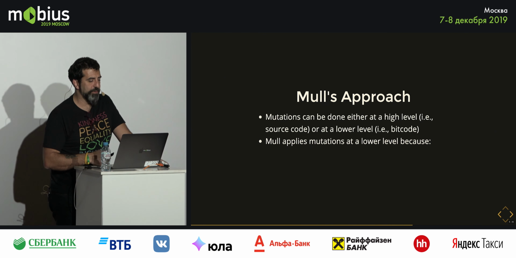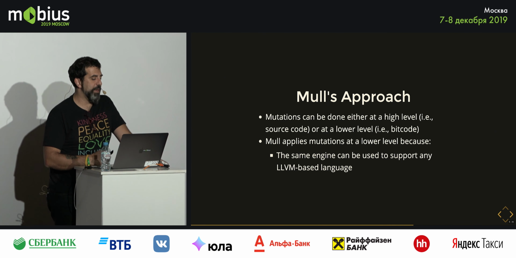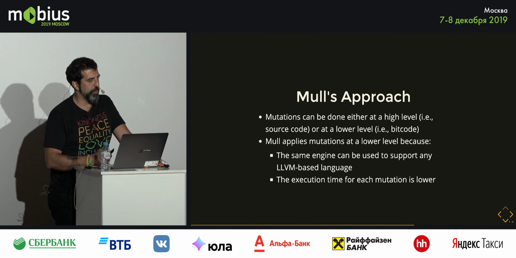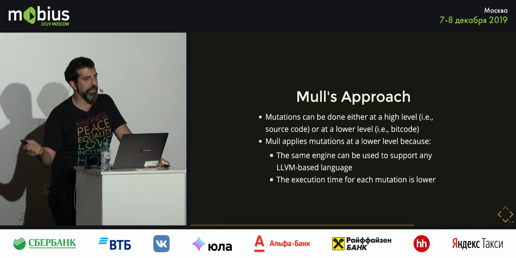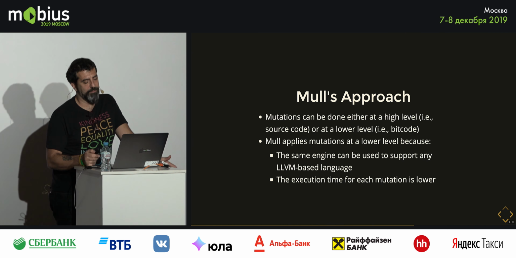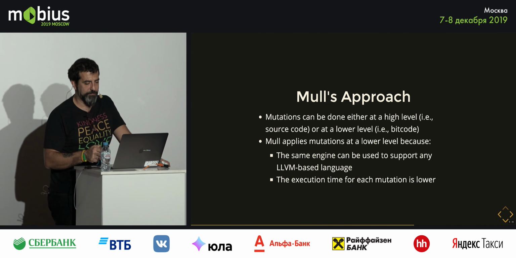It relies on bitcode because the same engine can be used to support many LLVM-based languages, and because the execution time is much, much lower. Every time that you mutate from source, it takes the time that usually an incremental compilation takes. Every time that you create a mutant from bitcode, it's maybe 15, 20 times faster.